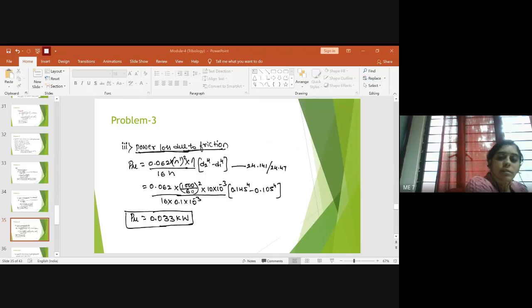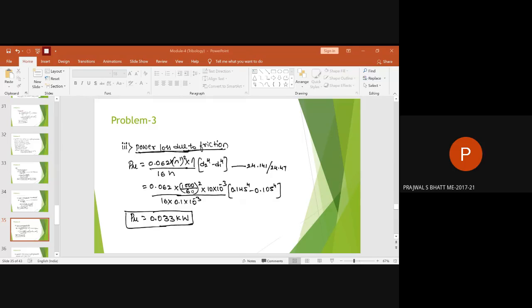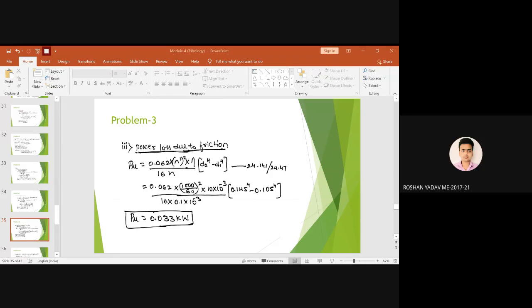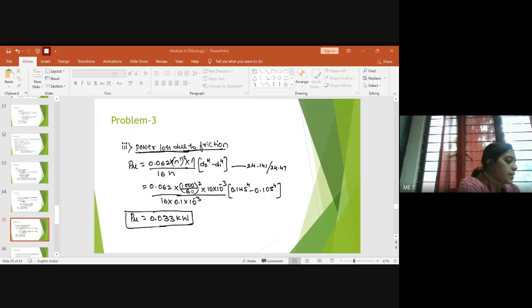Prajwal S. Bhatt. Present, ma'am. Rishabh Pandey. Ma'am, review. Okay. Rohan Kaglakar is absent. Roshan Yadav. Present. Yeah. Sumant Sagar. Sumant is absent. Sagar Dutt Mathur is absent.